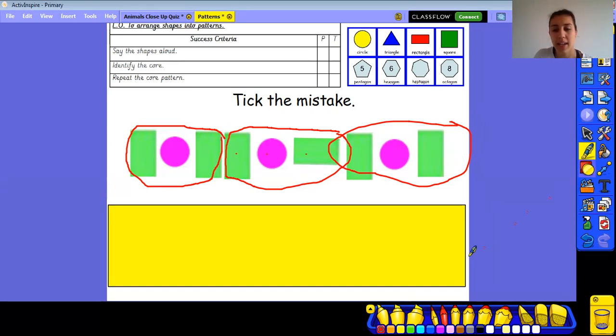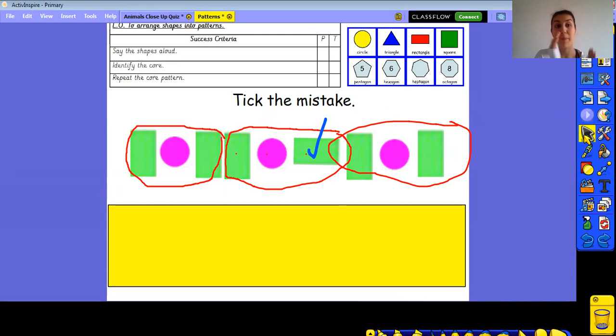So I can identify that this is the mistake because the rectangle is not the same as the other rectangles in the pattern. Remember, a pattern means that it's repeated identically. If something slight is off, then it's a mistake.